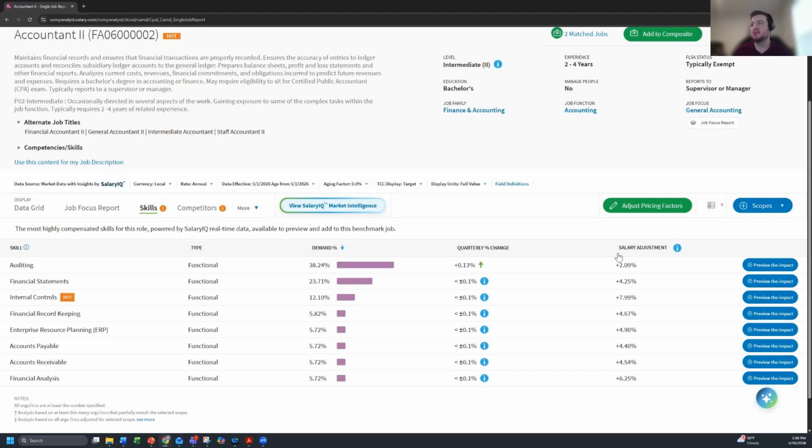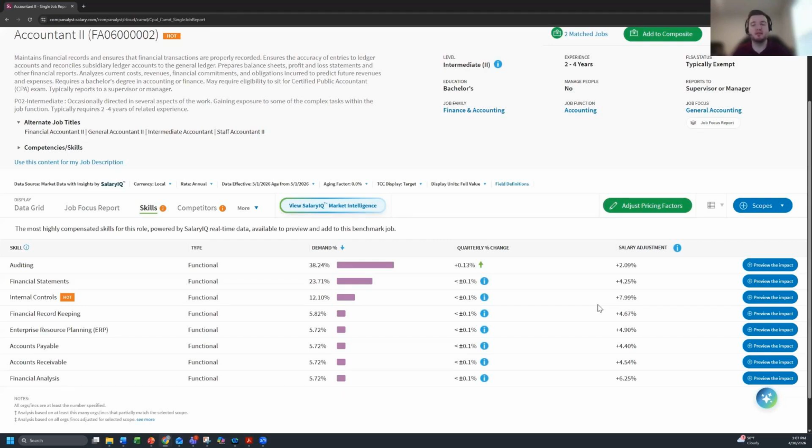So if we think about something like this internal control skill, it's a functional skill. We're seeing it in 12% of job postings, but we're seeing it has almost an 8% difference on salary. So what that's telling us is, hey, when a job contains internal controls as a skill, that salary is typically 8% higher than the broader pool itself.